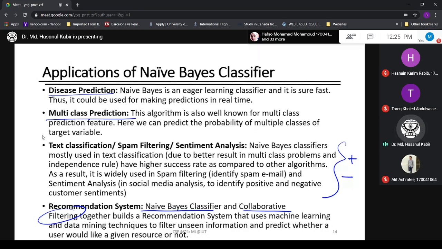Can someone tell me, especially from group 2B? It's the words. Yes, it's the frequency of words, right? Here, the feature we have used is the frequency of that particular word appearing in that particular sentence. Anyway, you will see that more in the lab.